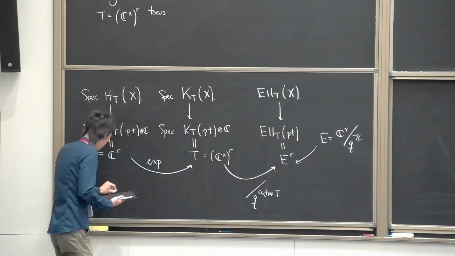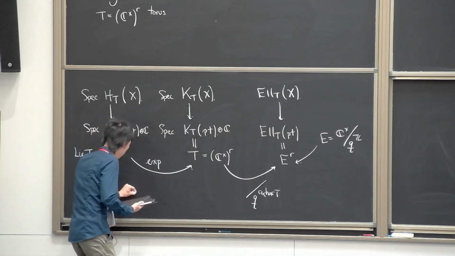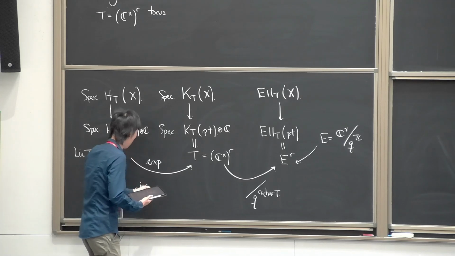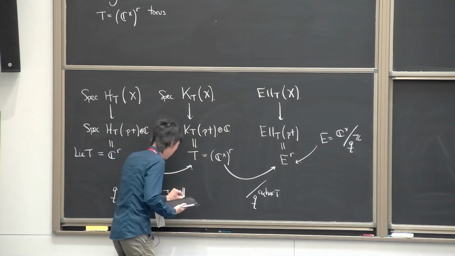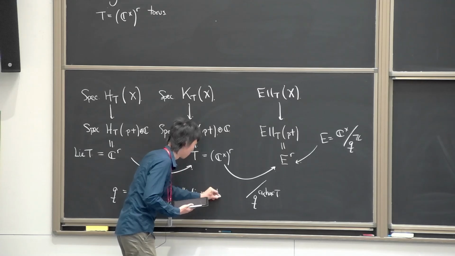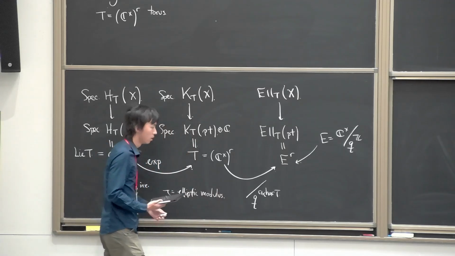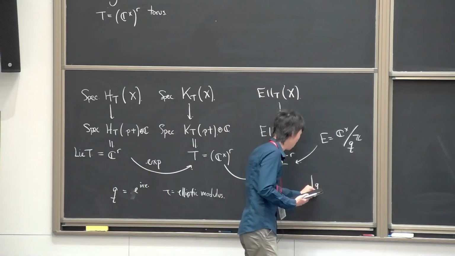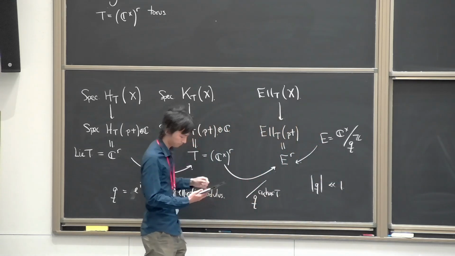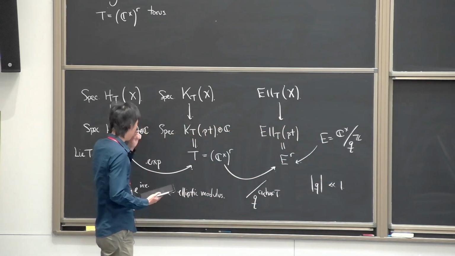So here Q is the E to the, say, I pi tau, where tau is the elliptic modulus. And for this talk, Q will have norm much smaller than 1.